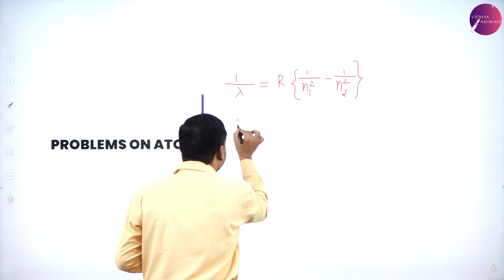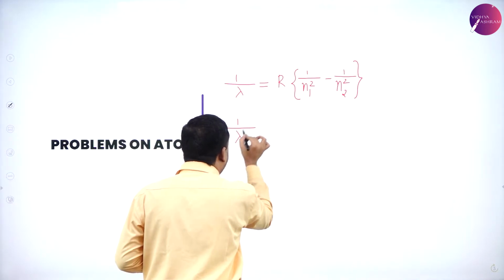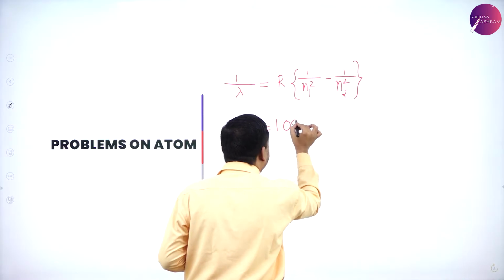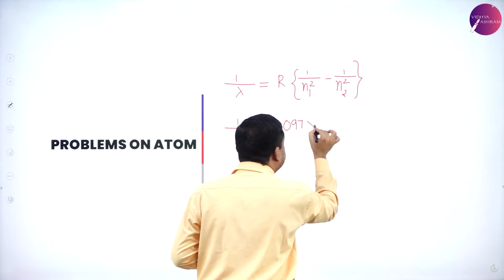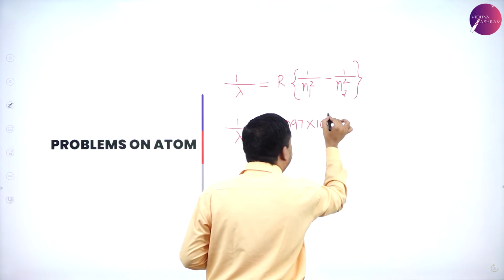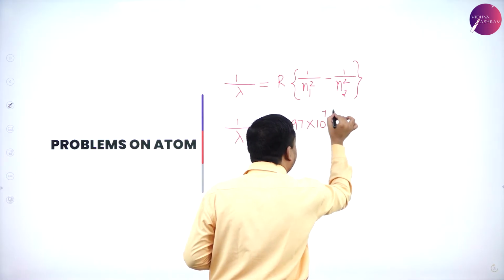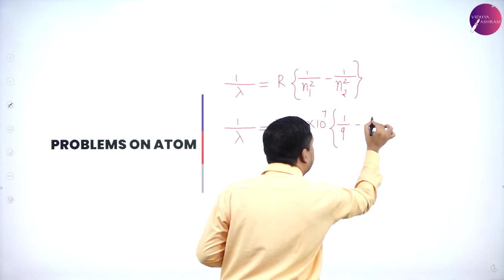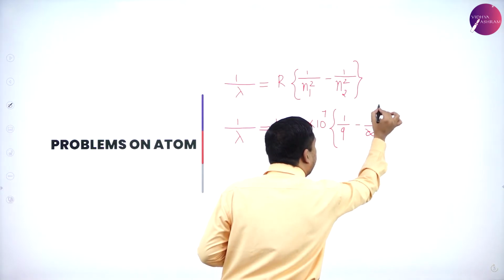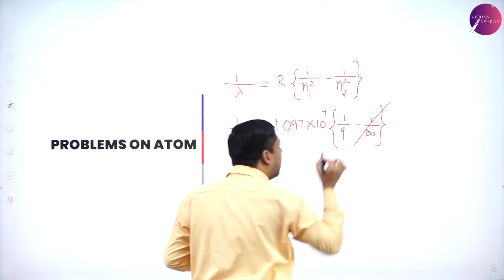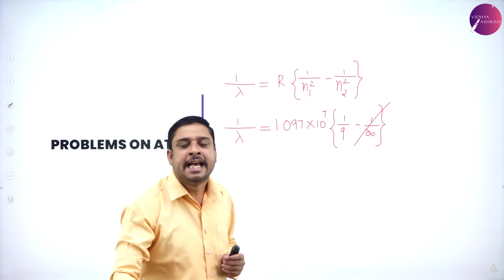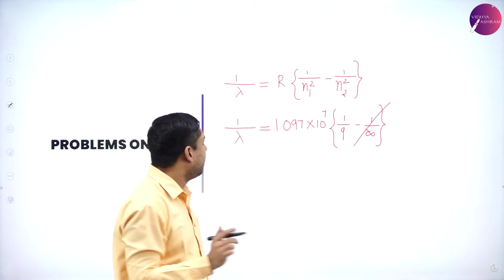1 by lambda is 1.097 into 10 power 7, 1 by 9 minus 1 by infinity, because n2 is infinity, n1 is 3.